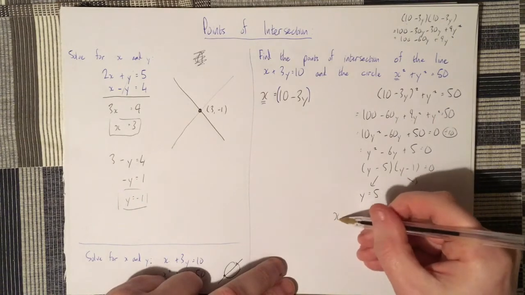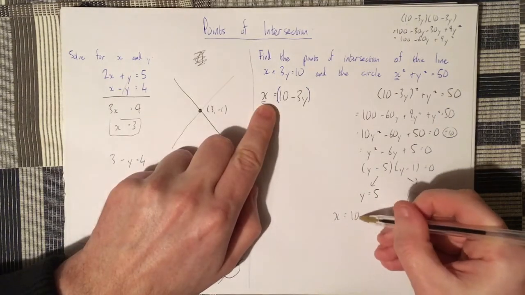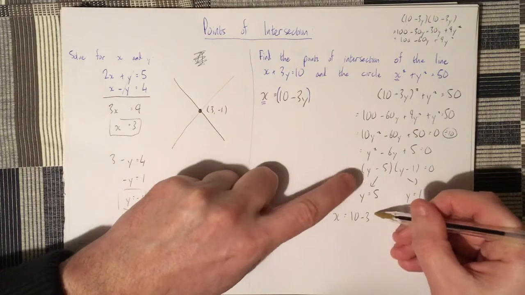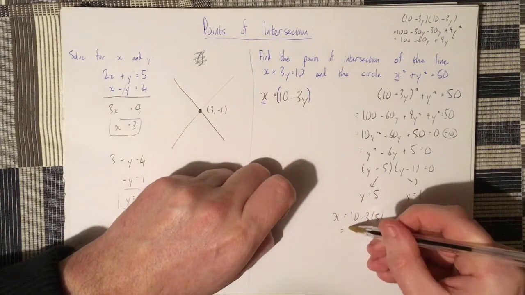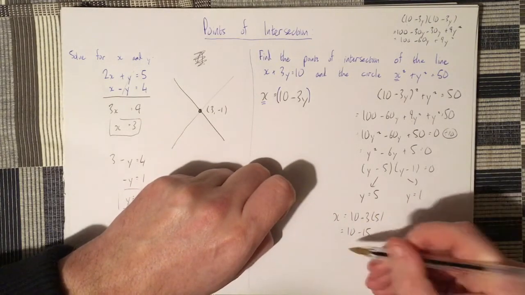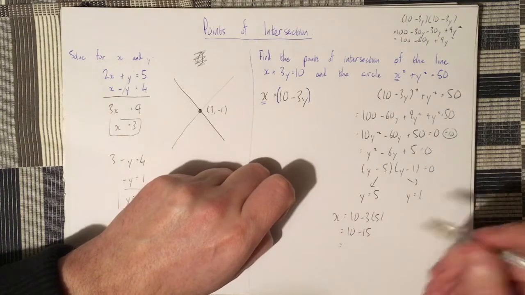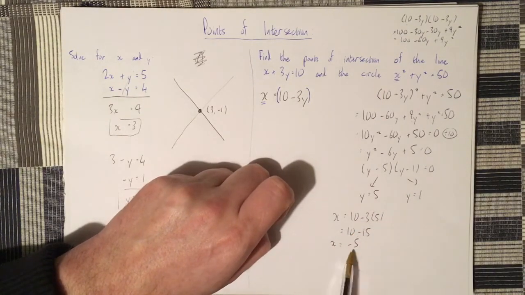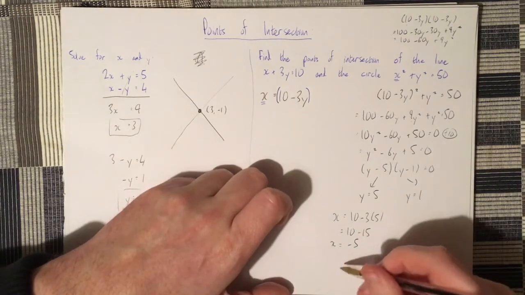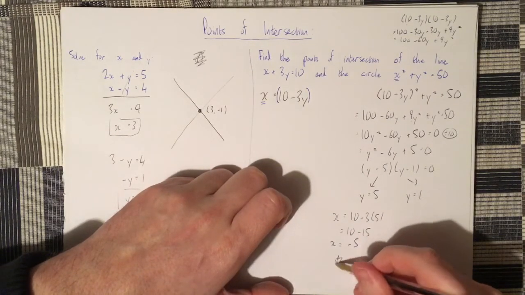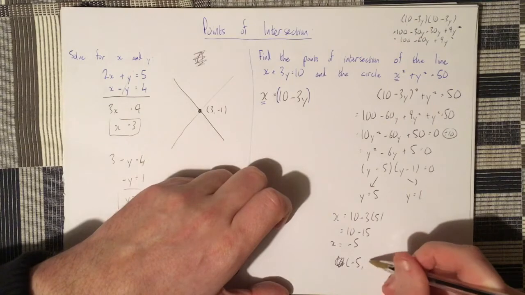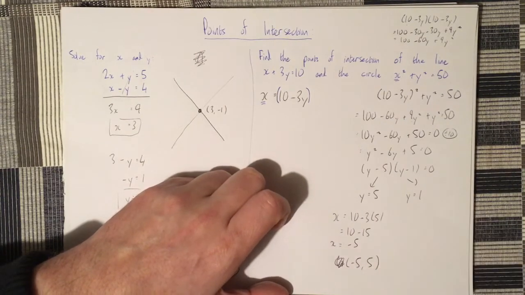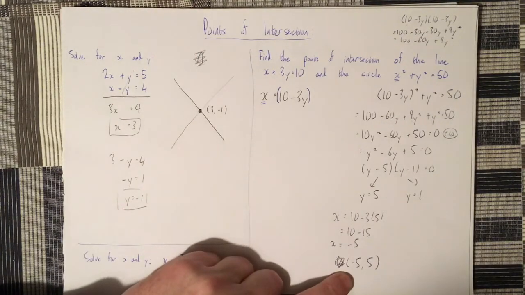So x is equal to 10 minus 3 times 5. That's 10 minus 15. 10 minus 15 then is minus 5. So when x is minus 5, y is 5. So that's the point. Minus 5, 5. All right. And that's one of your points of intersection.